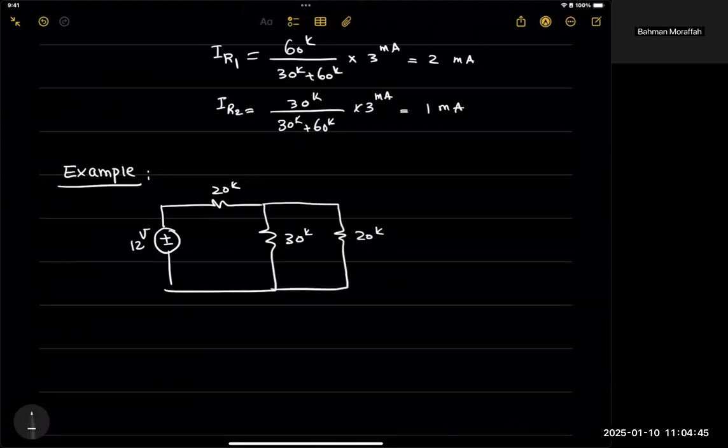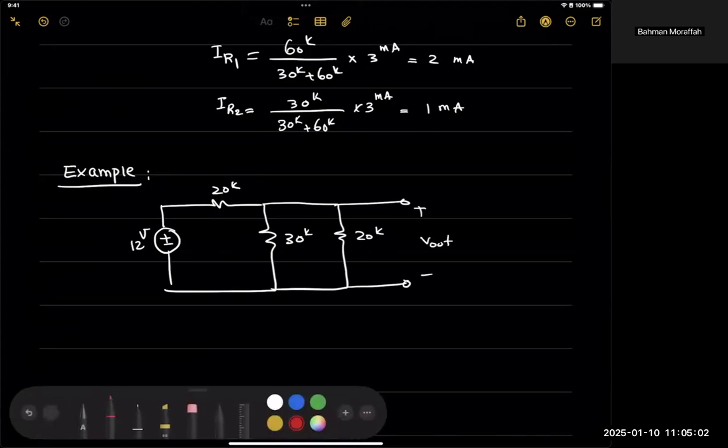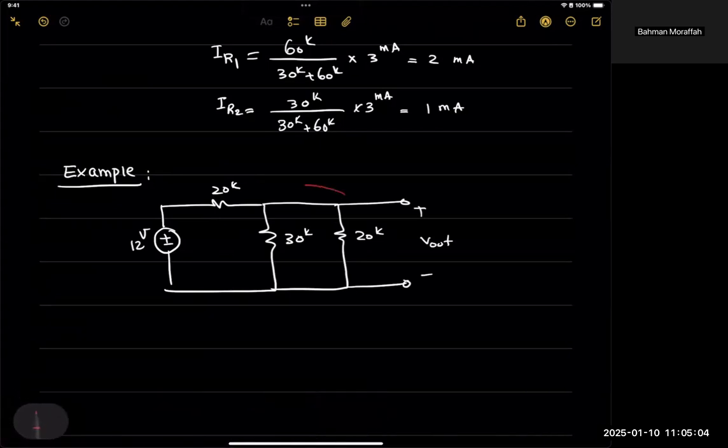And the question is asking us what is the voltage across this 20K. If you look at this circuit, it does not really look like a voltage divider circuit. But what we can do is combine these two, and then it would look like a voltage divider circuit.